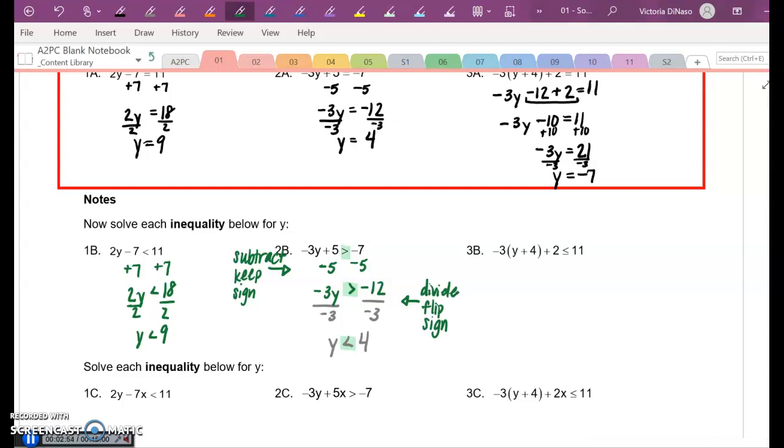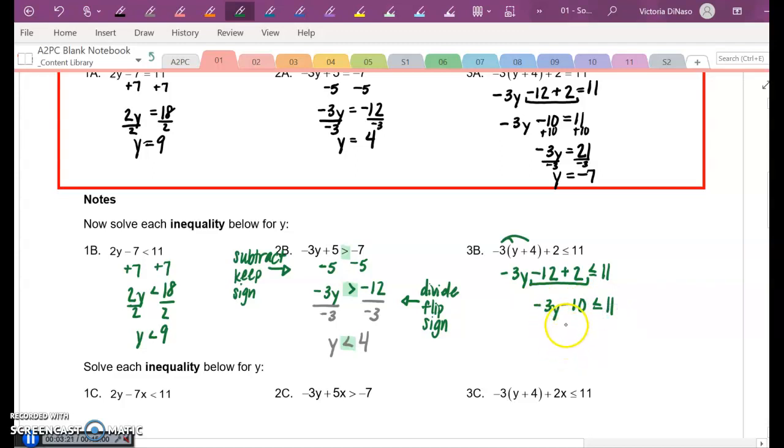And then finally, 3b. We're going to distribute the negative 3 to both terms. So we have negative 3y minus 12 plus 2 is less than or equal to 11. I'm going to combine negative 12 plus 2, so we have negative 3y minus 10 is less than or equal to 11.